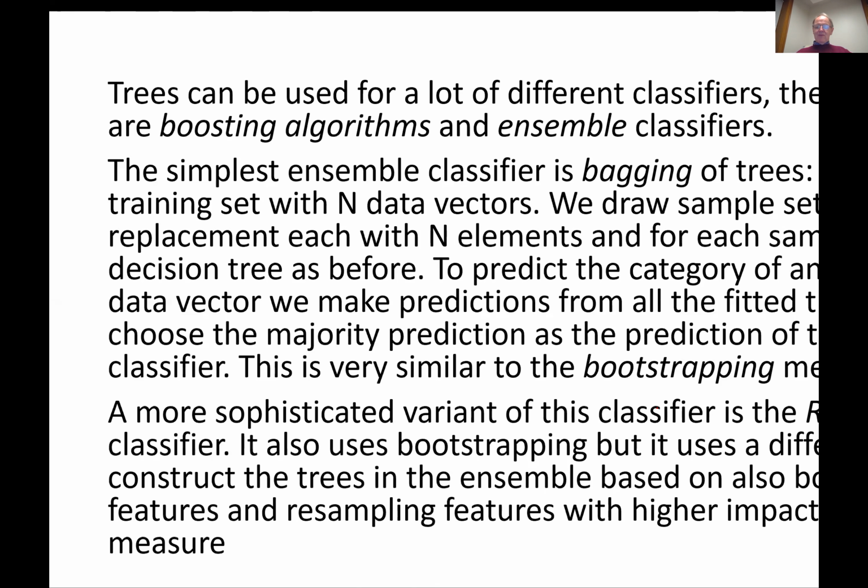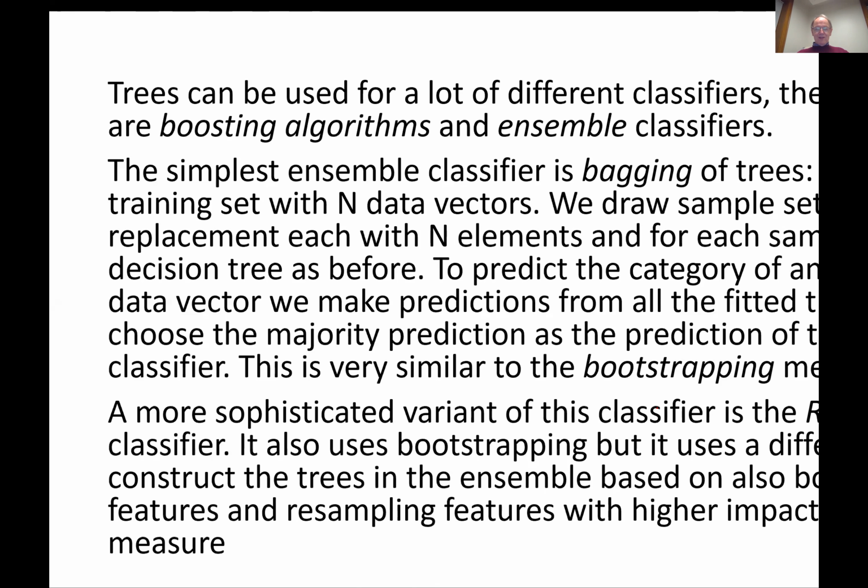So if we have a node that has 3 category 1 and 2 category 2, then if a point ends up in that node, we give it category 1. So for each tree in this bag, we figure out the predicted category, and then we just take the majority prediction. There will be a category that has the most votes, and that's the one we're going to take.